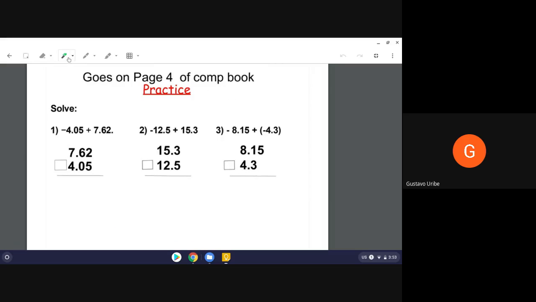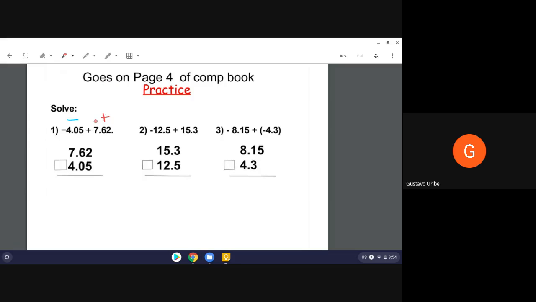I'm going to start off by writing the signs of our numbers. And this is what I mean. Okay, this is a -4.05. So I'm going to place a negative right there. This one right here is a positive 7.62. So this is going to be a positive number.